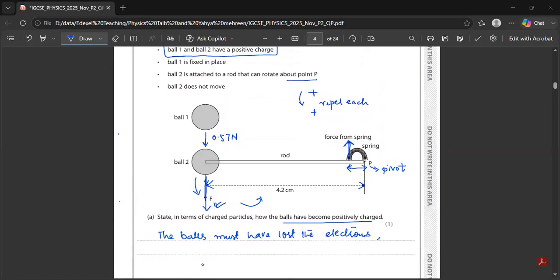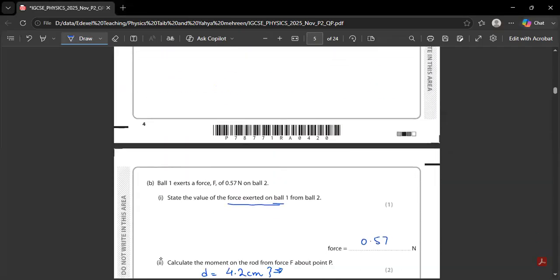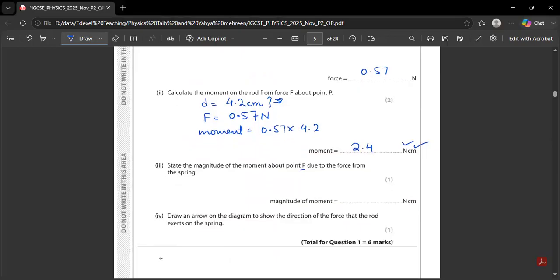Shouldn't it be the same, since the anti-clockwise moment equals the clockwise? Yes, but they need to mention this in the question, to balance it, okay? What amount of magnitude of moment? State the magnitude of moment about point P due to the force from the spring to balance, to keep the system or the rod balanced.